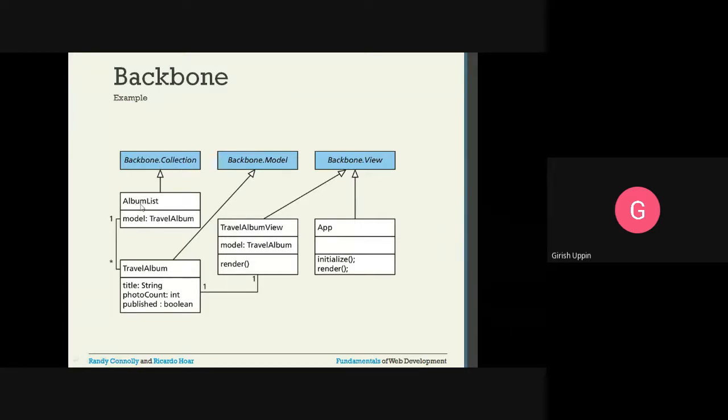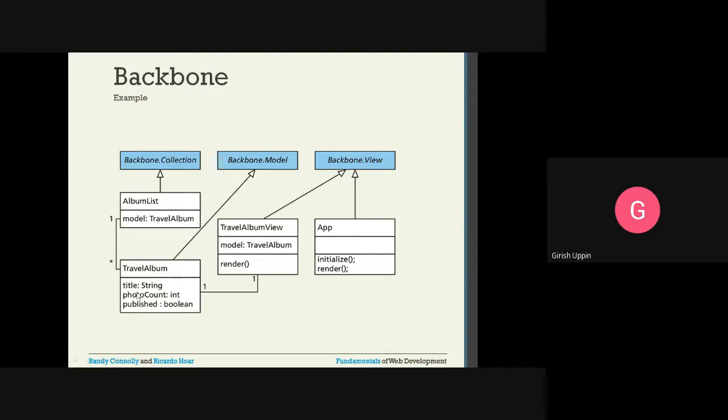This album list is a collection created by extending Backbone.Collection, and it has a model, TravelAlbum. And what is TravelAlbum? It is created by extending Backbone.Model, and it has some properties like a string title, photo count, and published or not published.